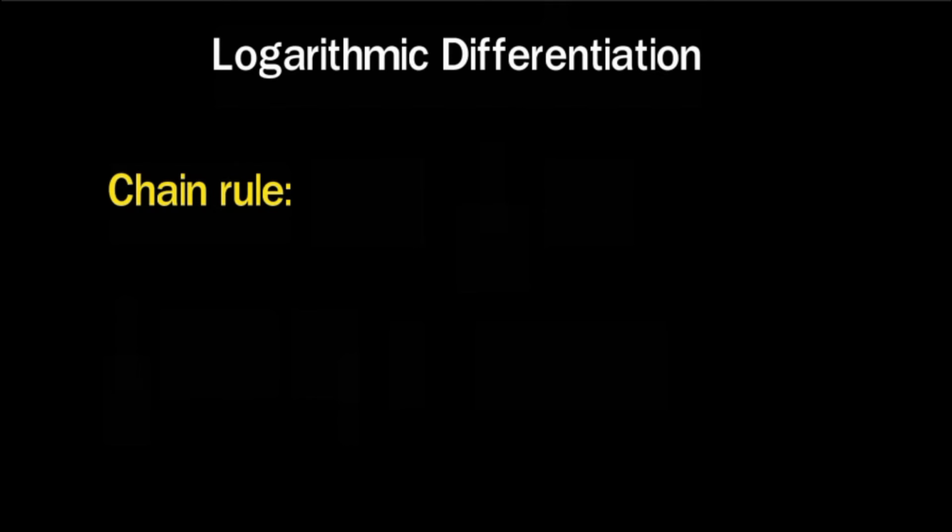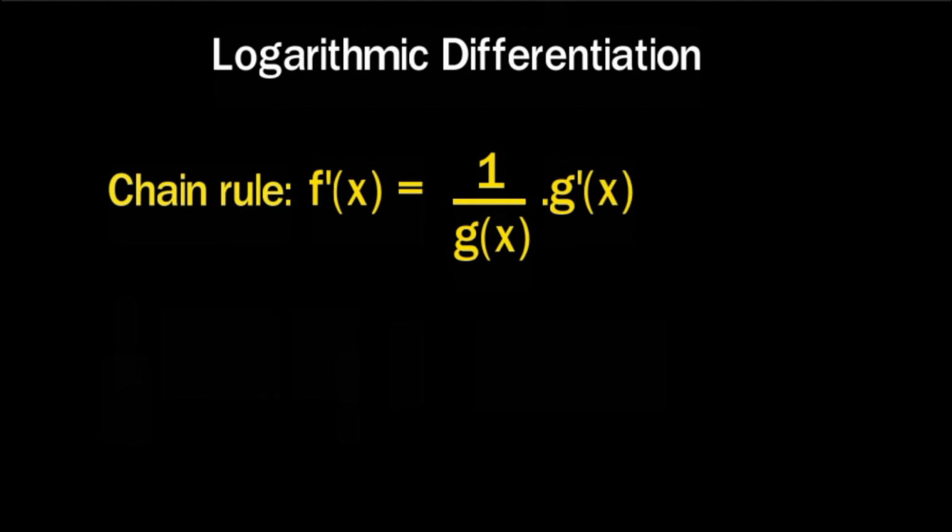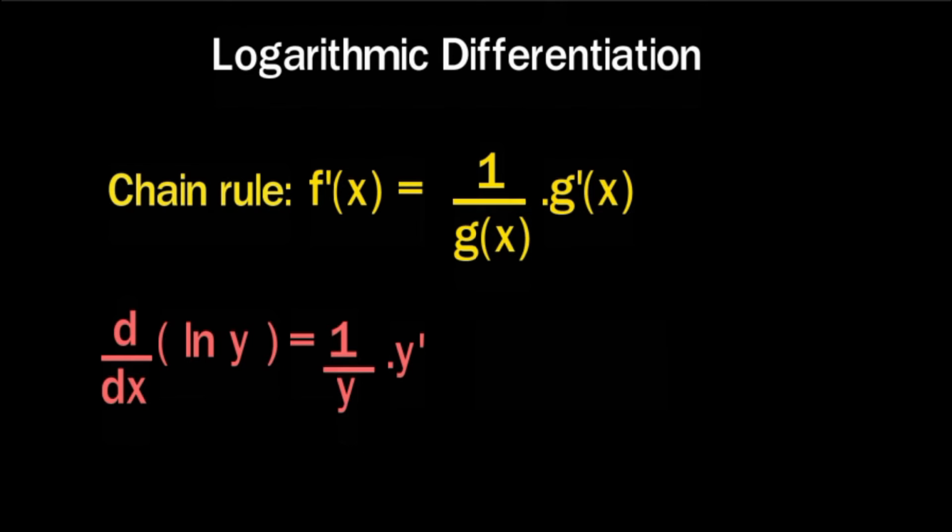Chain rule basically states that, let's say we have the function ln g(x), we will get 1 over g(x) multiplied with the derivative of g(x). So for example, if we want to differentiate ln y, what we get is 1 over y times the derivative of y, if y equals g(x).